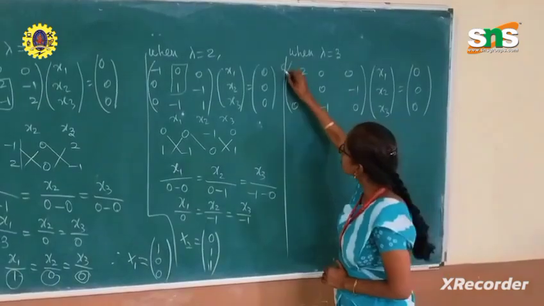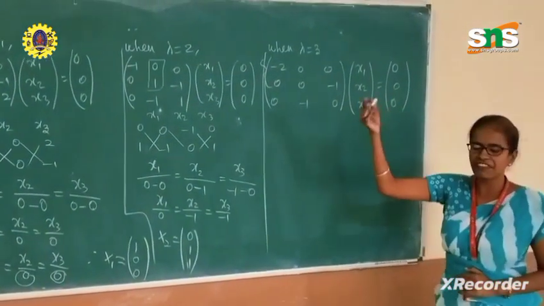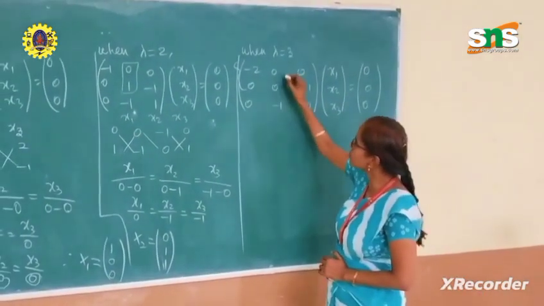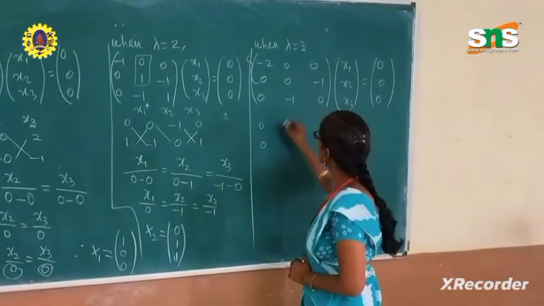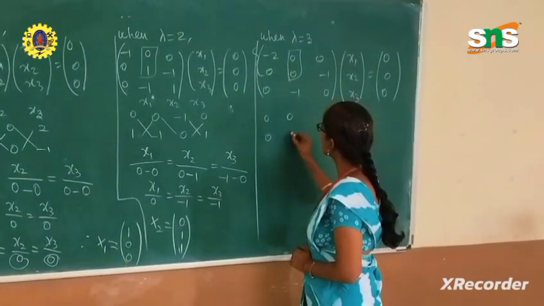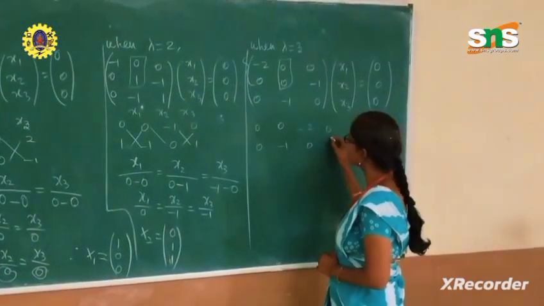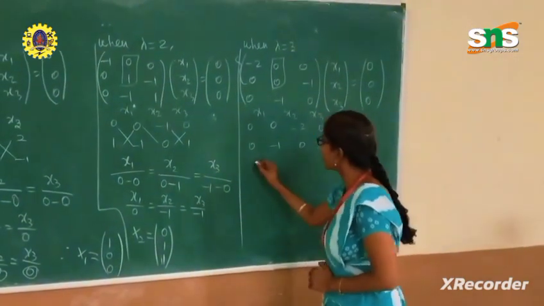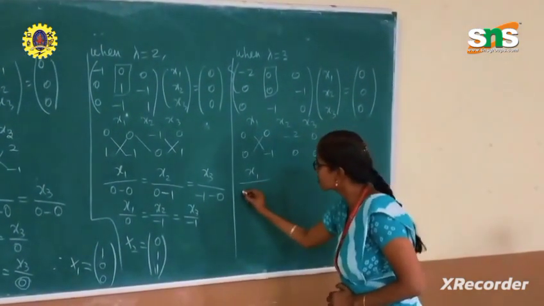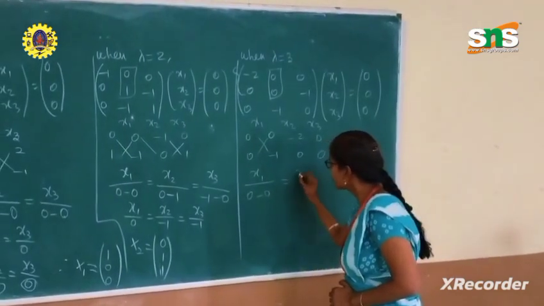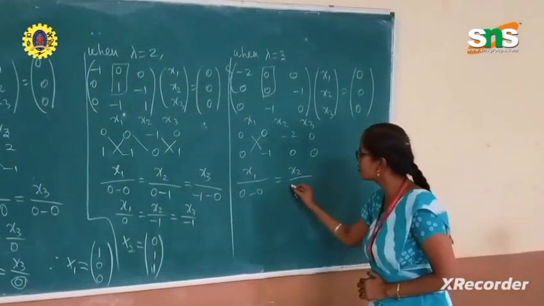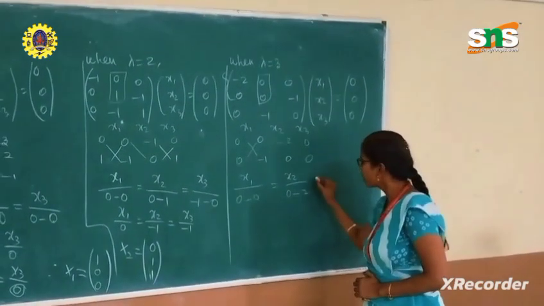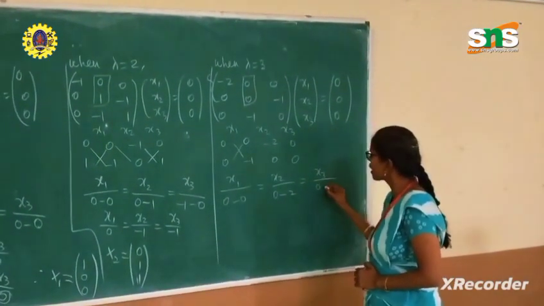Now you can check whether the first two rows are the same or different. If they are different, go for the cross multiplication method. Here they are different, so we start with 0 0, then 0 minus 1, then minus 2 0 and again 0 0. We put x1, x2, x3. x1 by 0 minus 0, x2 by 0 minus 0 is 0, then minus 2 into minus 1 is plus 2, equal to x3 by 0 minus 0.